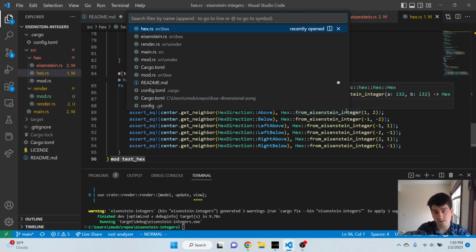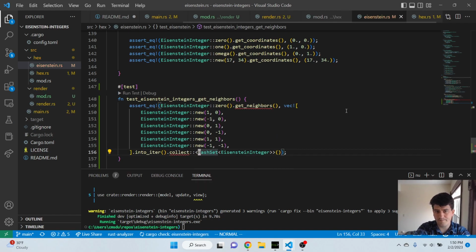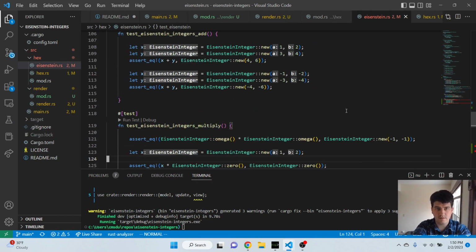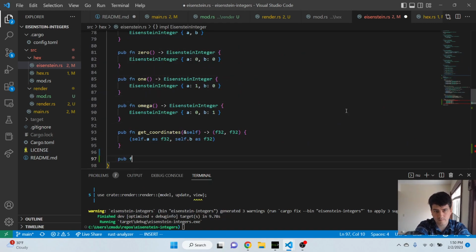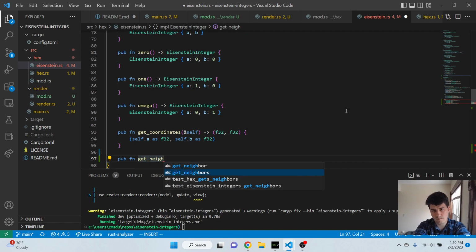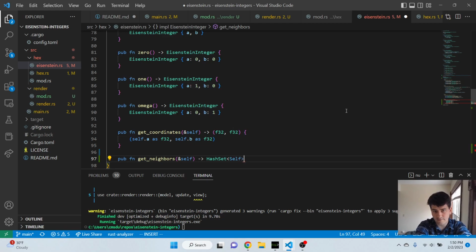Okay. Cool, so let's import hash set, and let's implement get neighbors. Self, hash set, self.